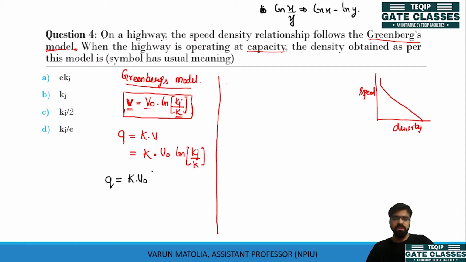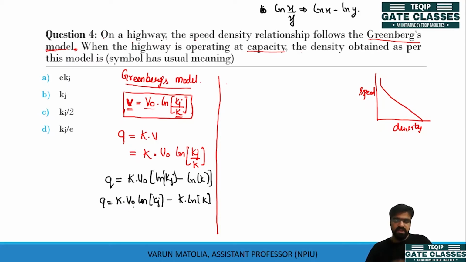So we can write it as log kj minus log k. Again, make these individual equations: K times V naught natural log kj minus k times natural log k. So this is the equation. I hope you can understand it.